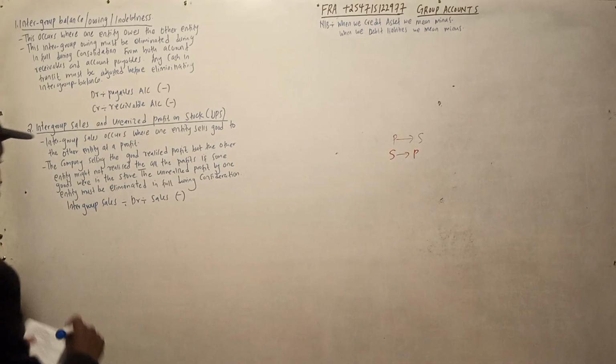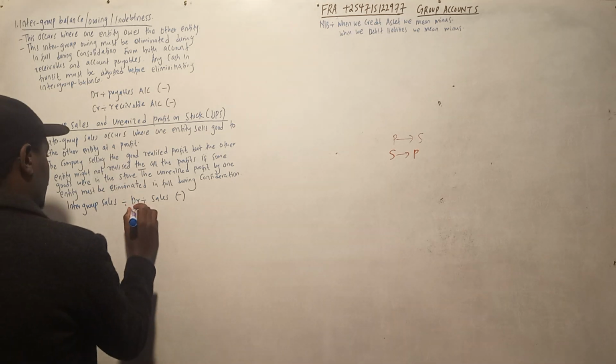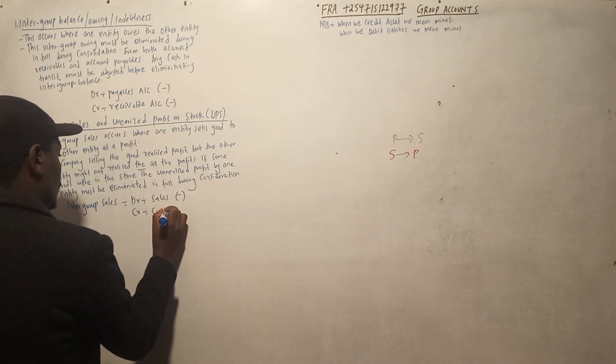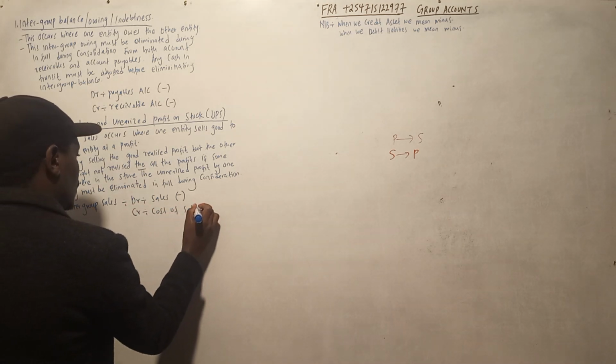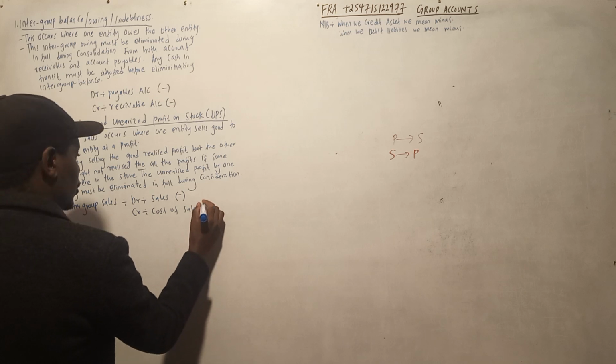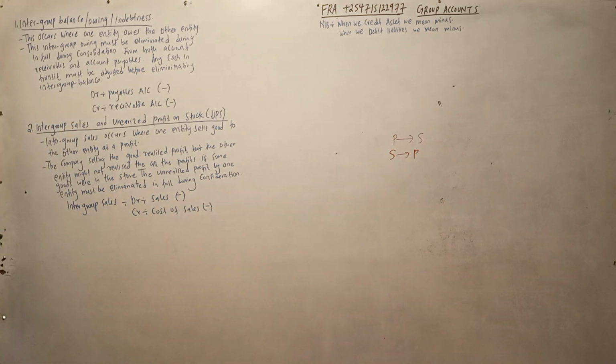Then we credit cost of sales. When we credit cost of sales, it also means we deduct. So when we debit, we deduct, and also the other one we deduct. So it must be deducted from the two items.